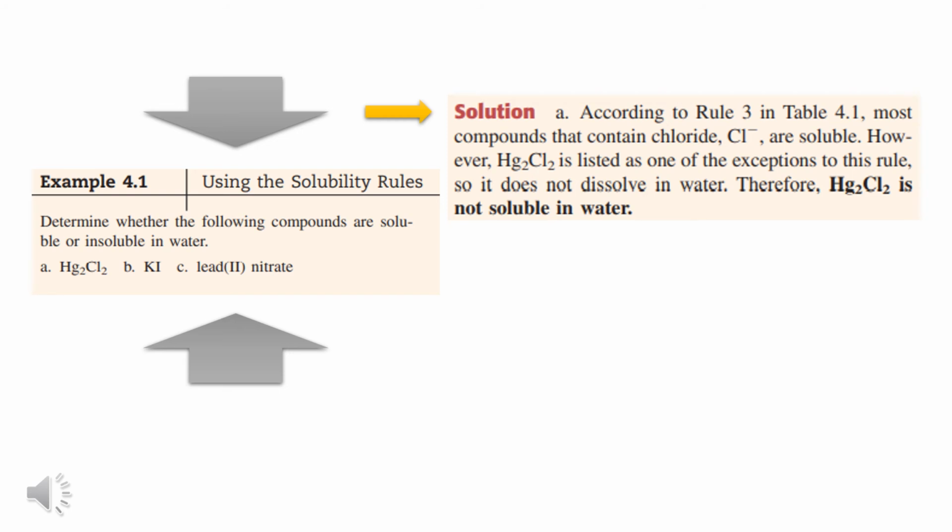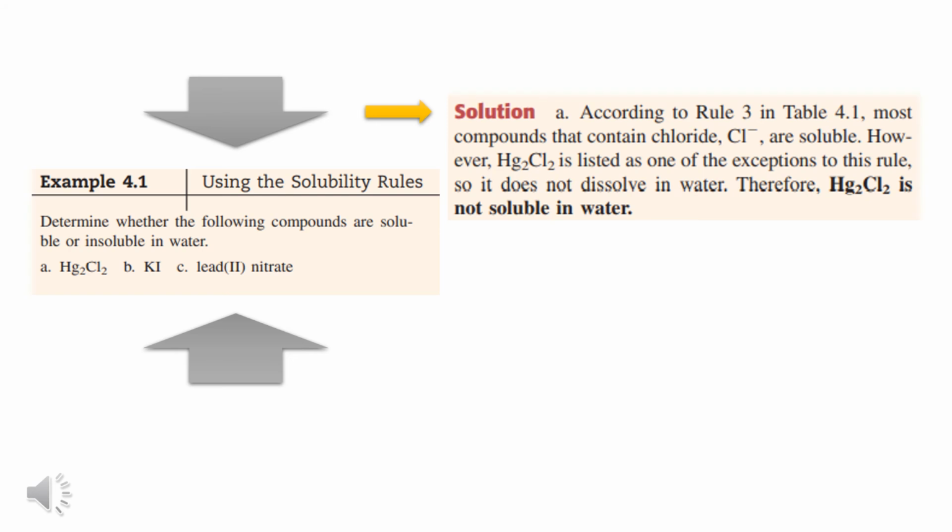According to rule number 3 in the table, or in table 4.1, most compounds that contain chloride ions are soluble. However, mercury chloride is listed as one of the exceptions to this rule, so it does not dissolve in water. Therefore, we can conclude that mercury chloride is not soluble in water.